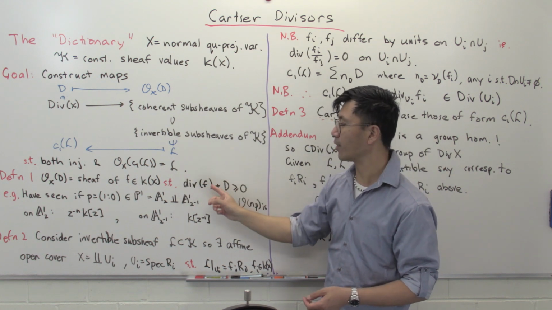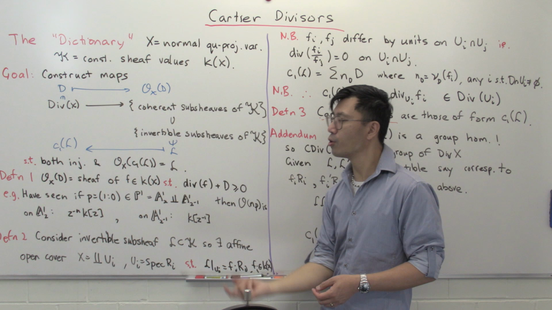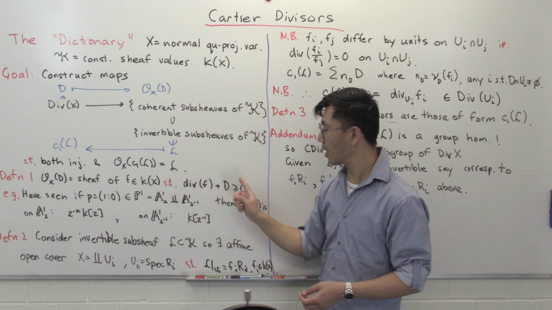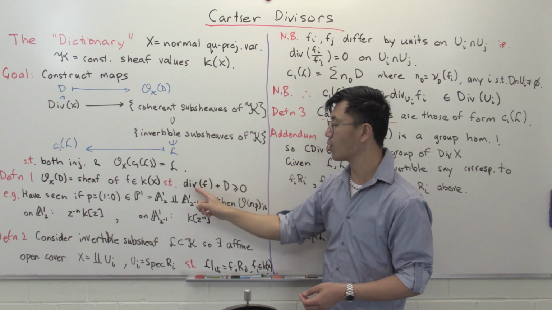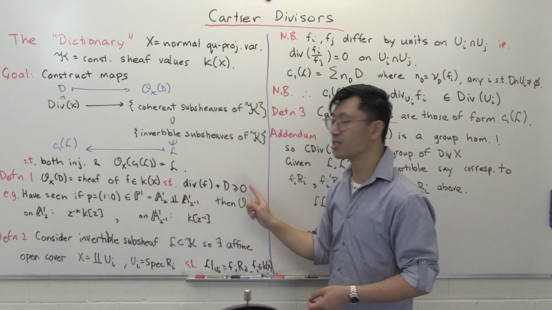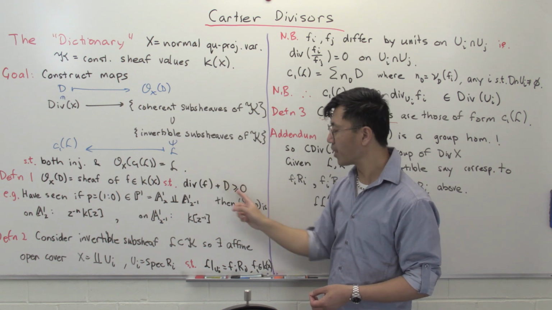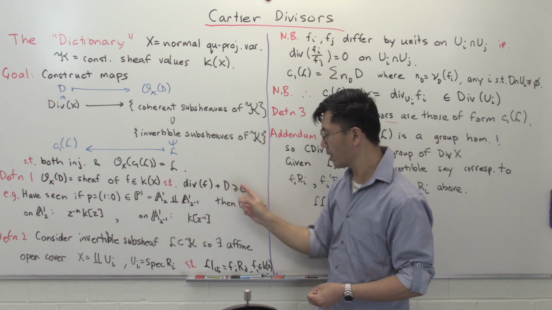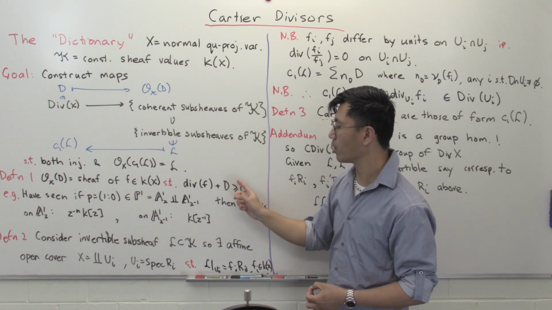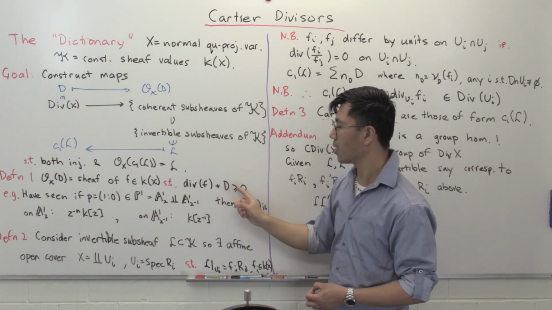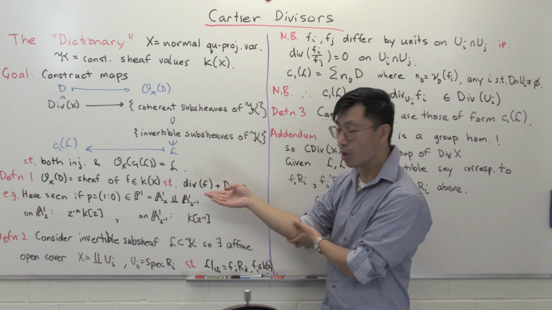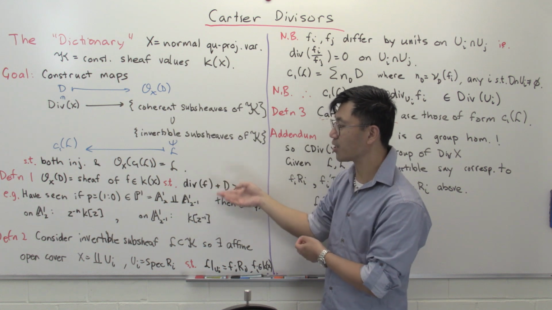You look at all the rational functions f whose poles and zeros, so you look at the divisor of f, satisfy this: when you add this divisor of f to D, it's effective. So it's a non-negative integer linear combination of prime or irreducible divisors.